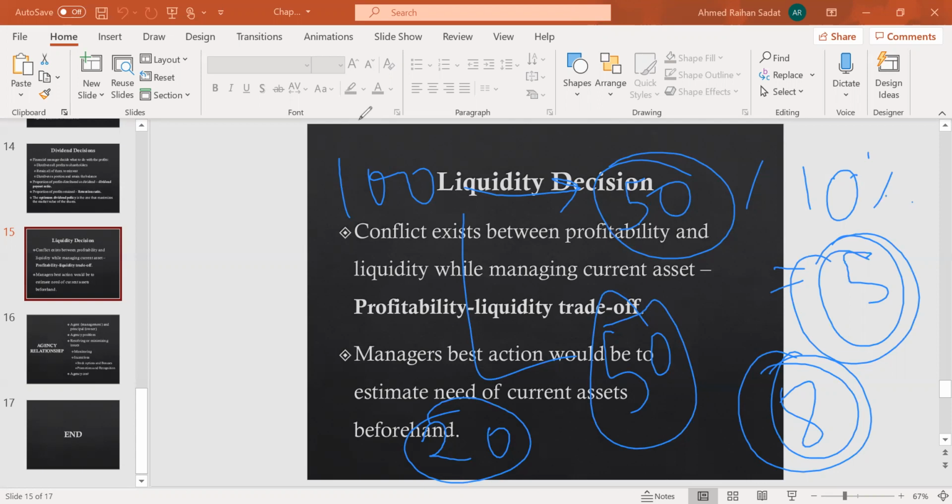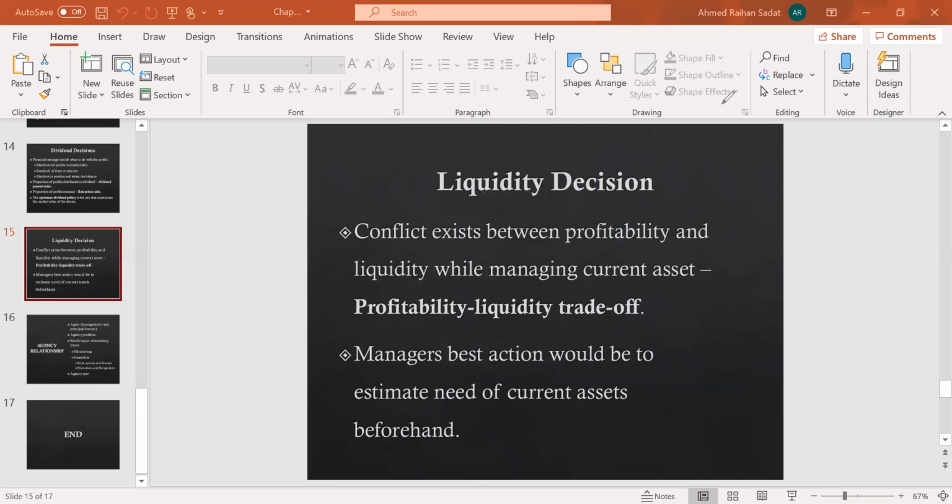So this is how it works. I think you understood it, hopefully, because I have in fact drawn it for you. So that's the liquidity part, and I think it's clearly understood from the discussion. But even if not, we have the discussion session to clear it out.